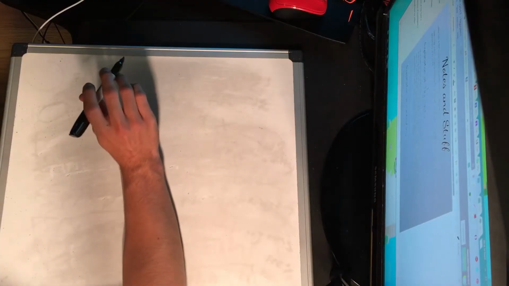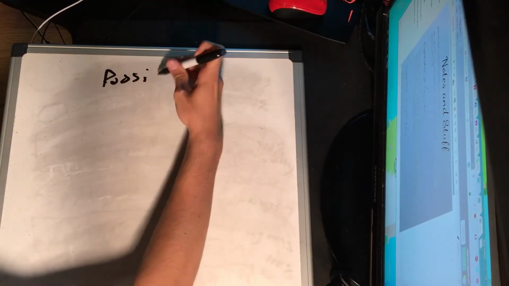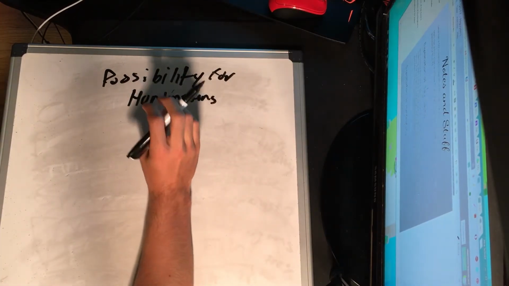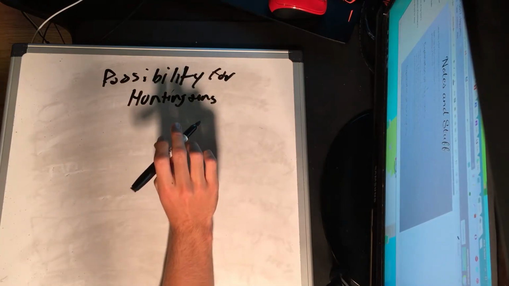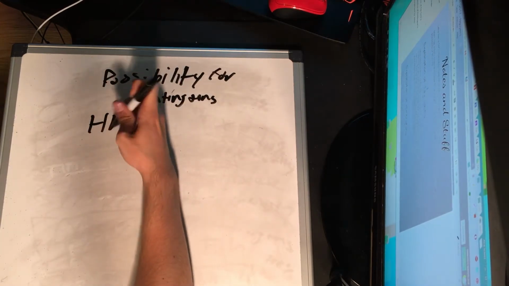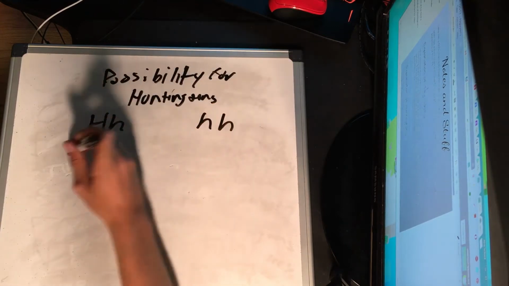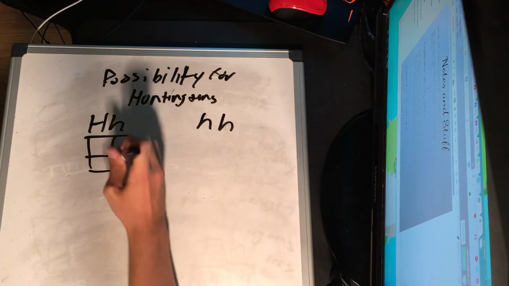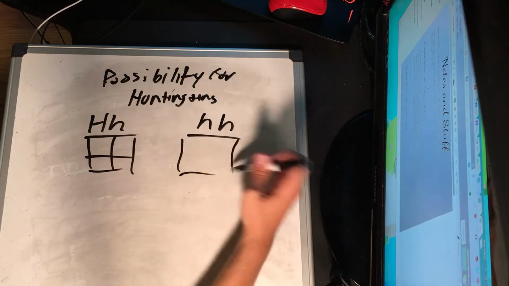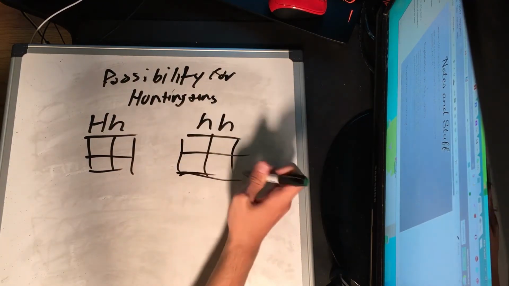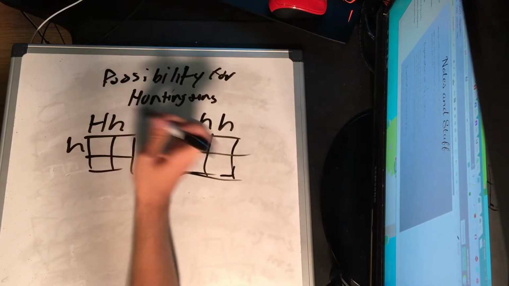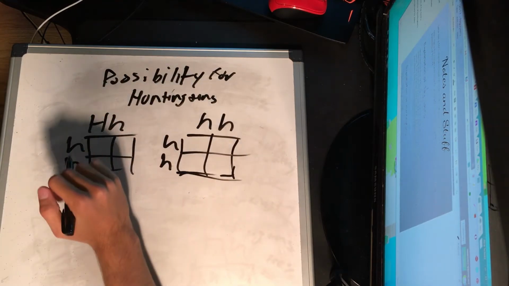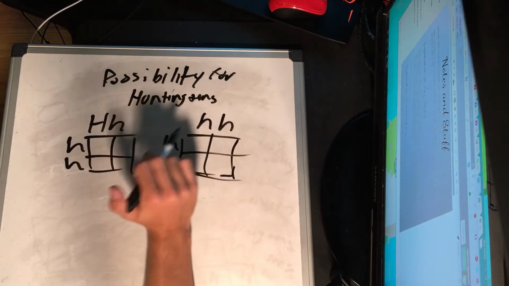We're going to have the possibility for Huntington's here. And so essentially, Leila may have it, or she may not have it, from our Punnett square earlier. However, Marc has tested negative for Huntington's. So that means that because Huntington's is a dominant genetic disease, he's going to have to be homozygous recessive, or else he'd have it.